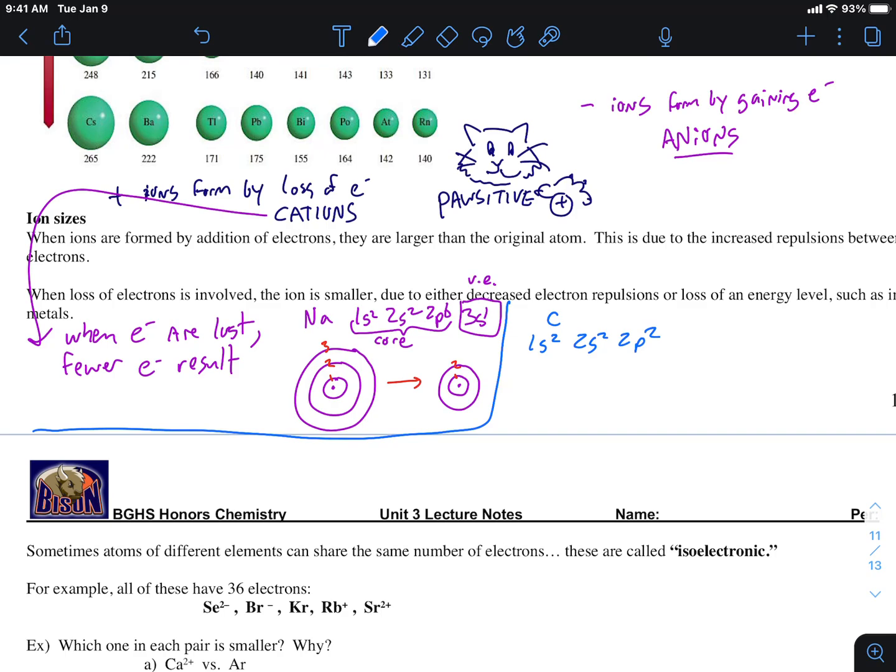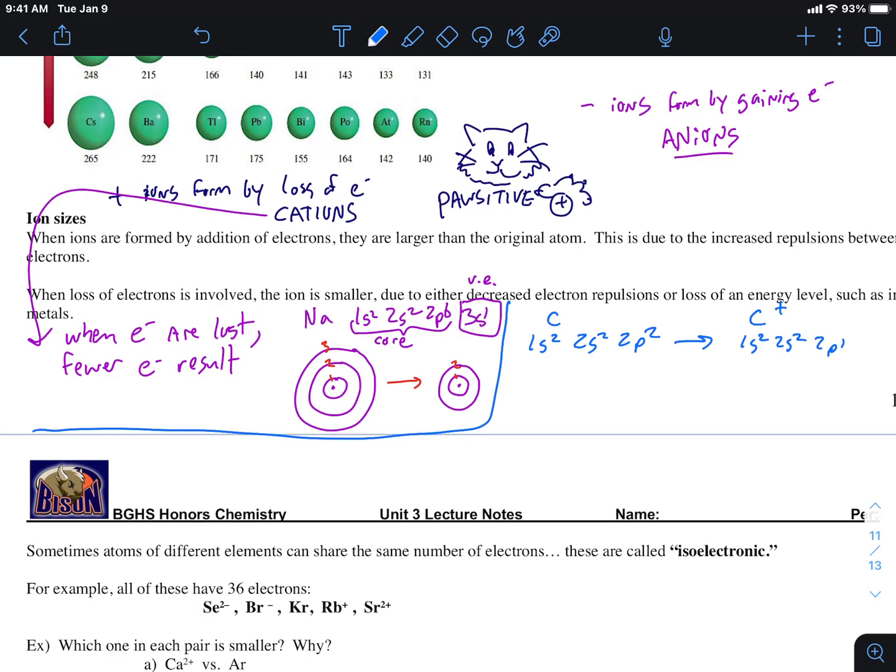If carbon loses an electron, it becomes 1s2, 2s2, 2p1, and it has a positive charge. Does that make sense? It lost one electron, right? So your spdf notation has one fewer electron.